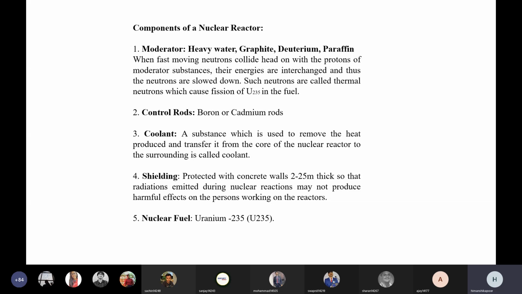So what happens in the breeder fission? This U-238 is converted to plutonium. So it is Pu-239, which is a fissionable isotope which is not found in nature. So the U-238 is converted into fissionable plutonium.